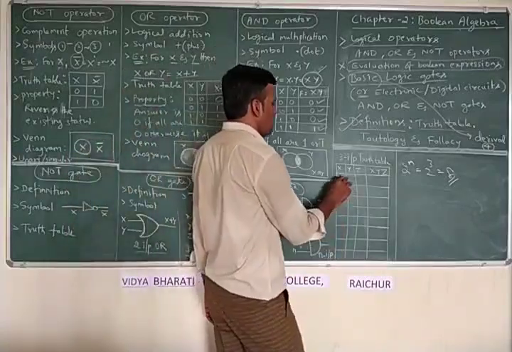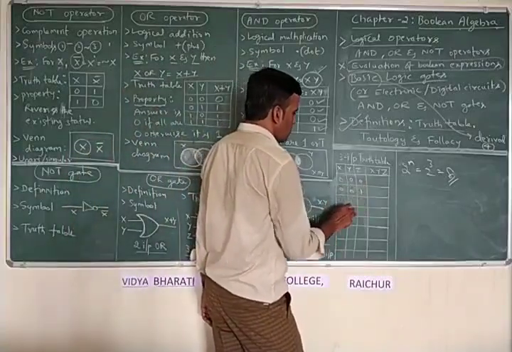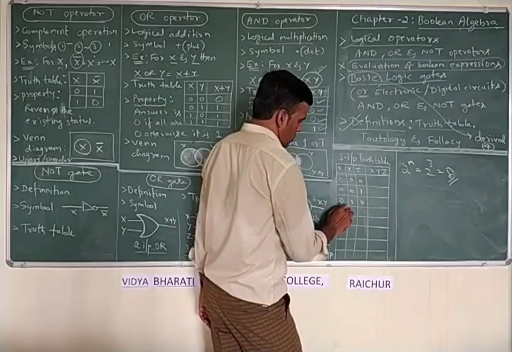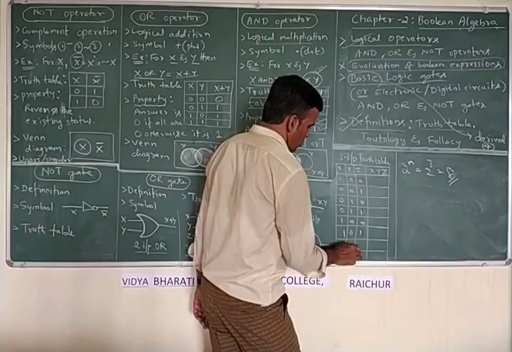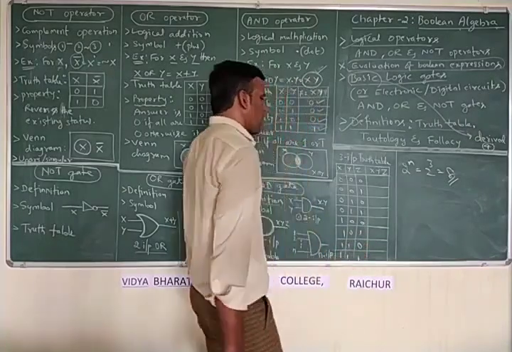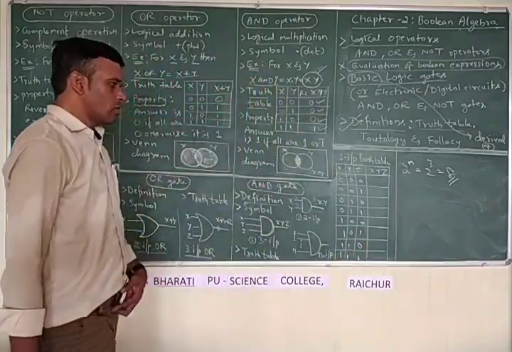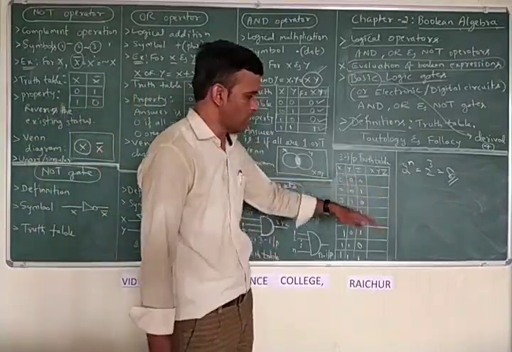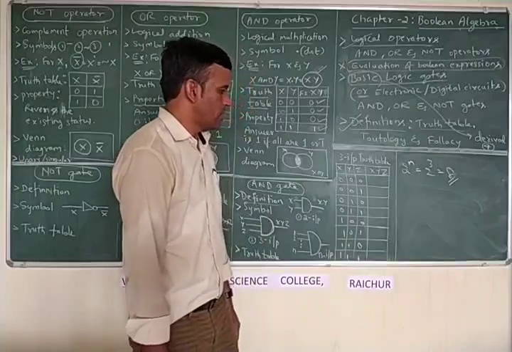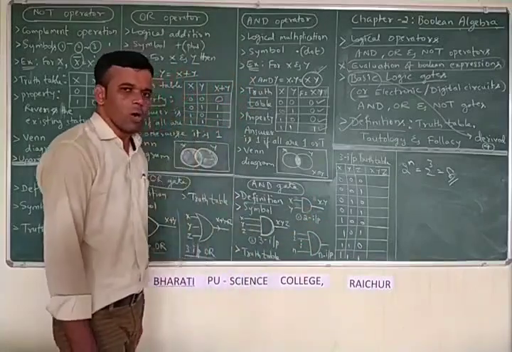So they are 0 0 0, 0 0 1, 0 1 0, 0 1 1, 1 0 0, 1 0 1, 1 1 0, triple 1. So last year I told you, you write the combinations of zeros and ones in this order. So it is some standard order.